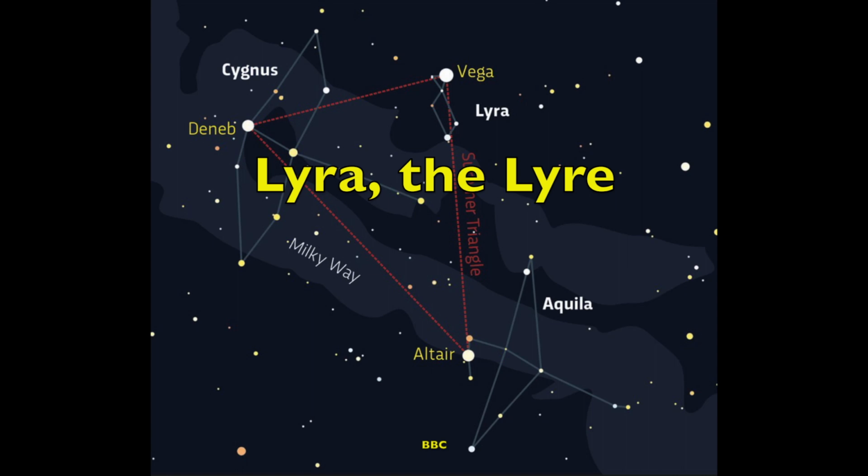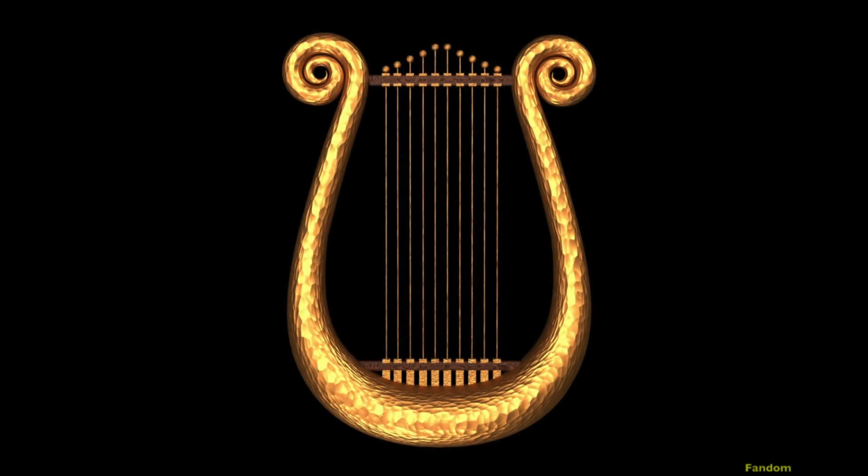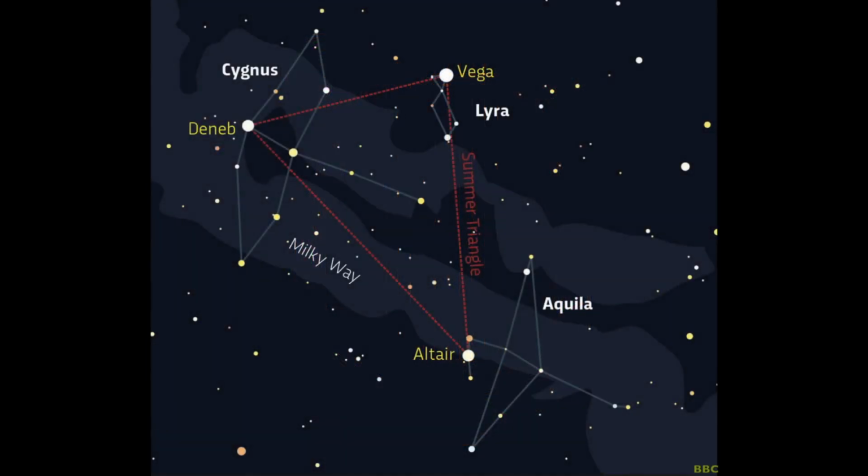Vega is the brightest star in the constellation Lyra, the Lyre. Lyra can be seen during summer evenings in the northern hemisphere. Vega, together with Deneb and Altair, form the summer triangle.